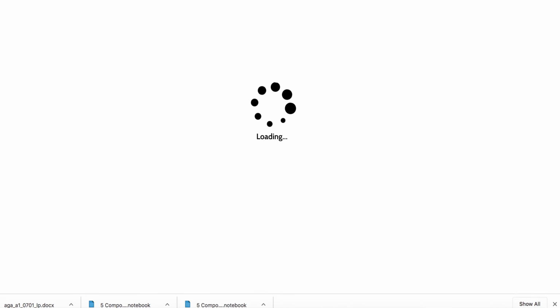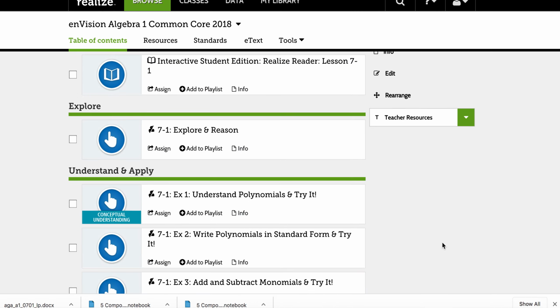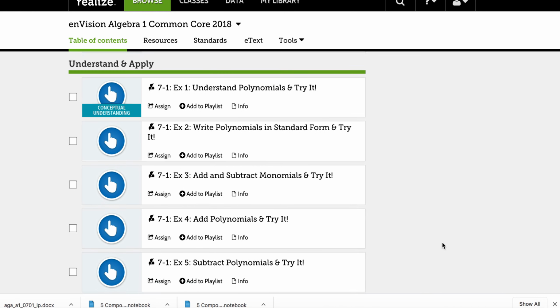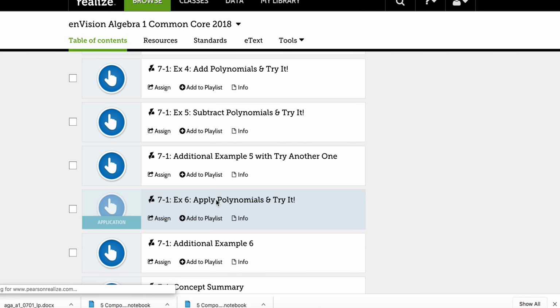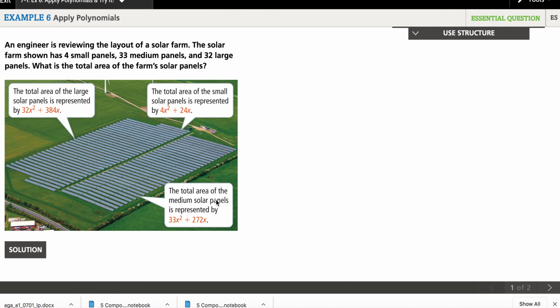Let's go to the next example, which is example 6, apply polynomials, and I'm going to wrap it up with this. This is a lot to cover, but I'm going to read it. An engineer is reviewing the layout of a solar farm. The solar farm shown has 4 small panels, 33 medium panels, and 32 large panels.